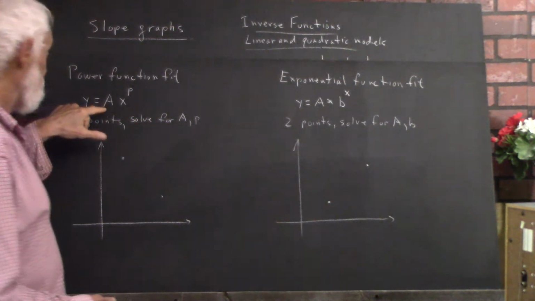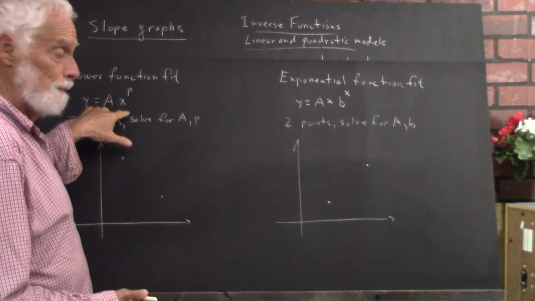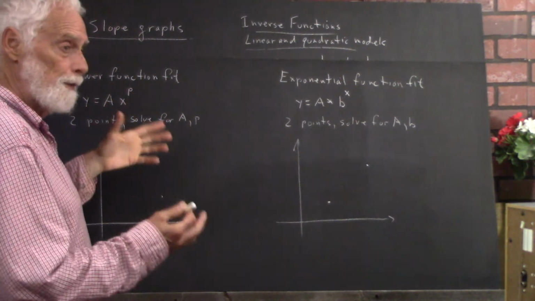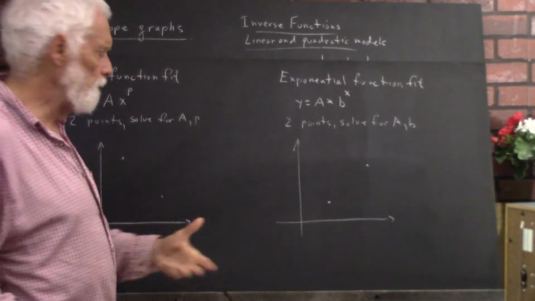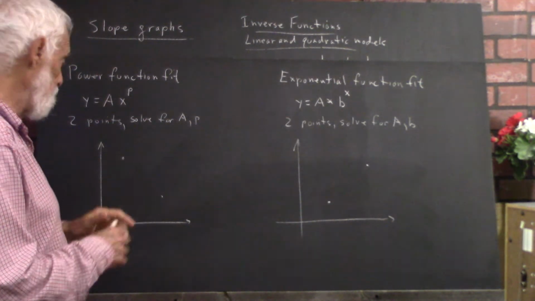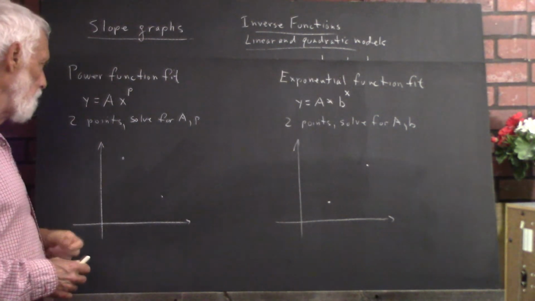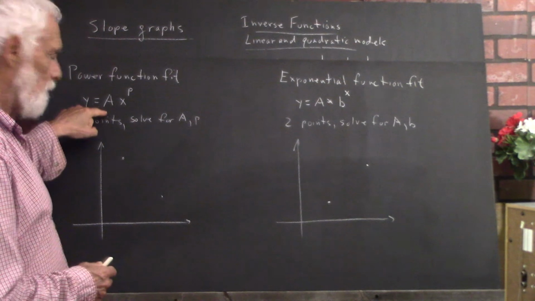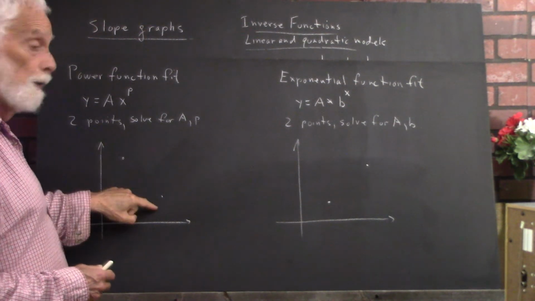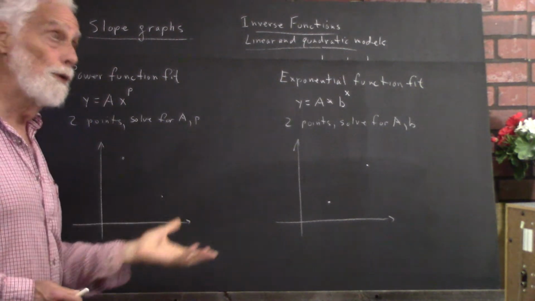Now in general, you have some multiple of an x to the P, and that's your more basic power function. Not in the sense of our basic functions, but that sort of thing. Now, we'll say more about that. The point is, there are a lot of cases where you want to have 2 points, and you want to see what power function has a graph that goes through those points.